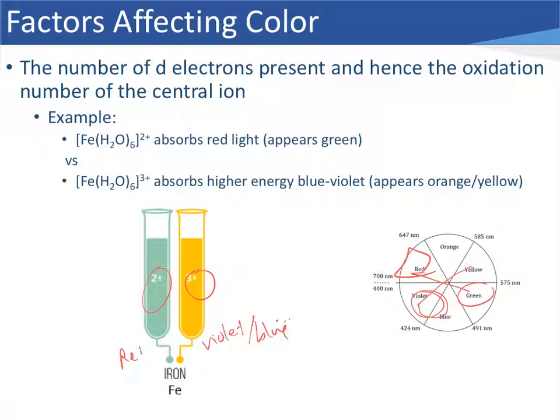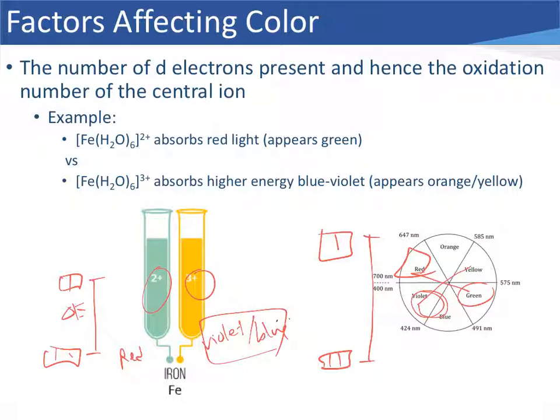So the violet-blue is a bigger energy difference than the green. This is the change in energy for the green, and this is the change in energy for the yellow. Violet-blue is higher in energy, so it represents a bigger difference in energy for these electrons that are split in the d orbitals.